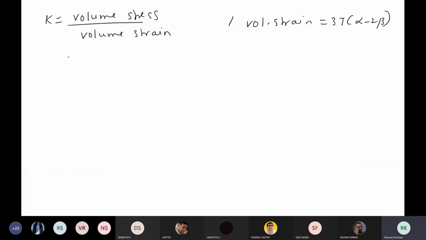Right? Now, let us say T is pressure. Tension is a pressure, because normally for bulk modulus we talk about pressure. So I write K is equal to pressure; instead of T I'm writing P now. And what is the strain now? It is 3P alpha minus 2 beta. Can I write that? Students, we can write. Right. So I remove this. So I get K is equal to 1 by 3 alpha minus 2 beta.